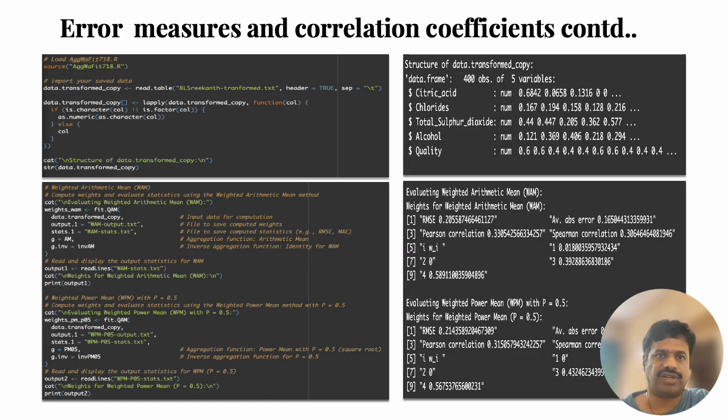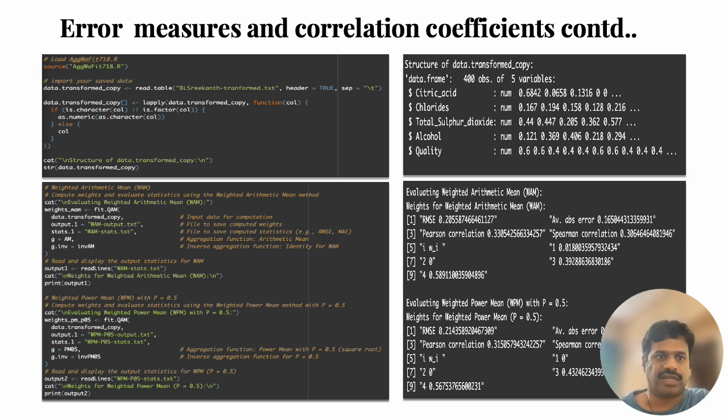So this is the structure of the data frame, and then we invoke the fit.QAM function in the agop fit 718R with the transformed data copy, and we specify the output file. The output file is basically for capturing the weights, and the stats file for capturing the computed stats such as RMSE, RME.